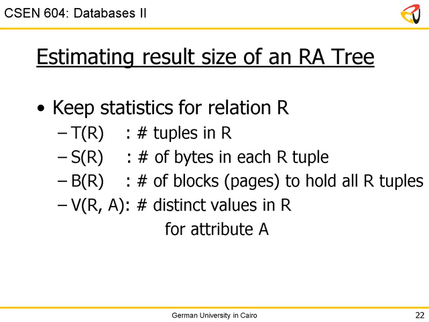The number of blocks or pages that every table is stored in. So if you have an employee table that's stored in 50 pages on disk, B of employee is going to be 50. And very important, the number of distinct values that appear in every column. It's usually written as V(A, R). The number of unique values in column A in table R.